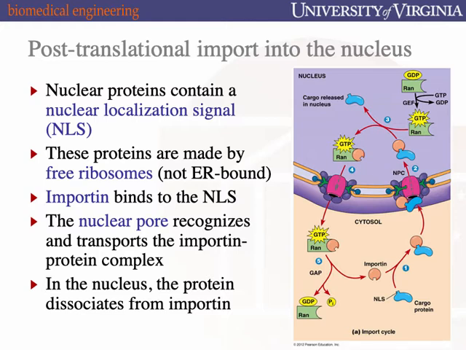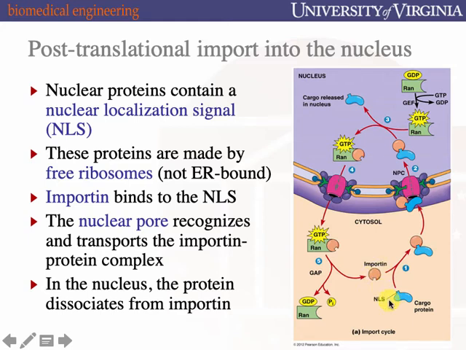After an NLS-containing protein has been translated, the nuclear localization signal is exposed and able to be recognized by other proteins. And the family of proteins that recognize nuclear localization signals are called importins. Importin has several subunits of importance, but we're going to focus on the family.